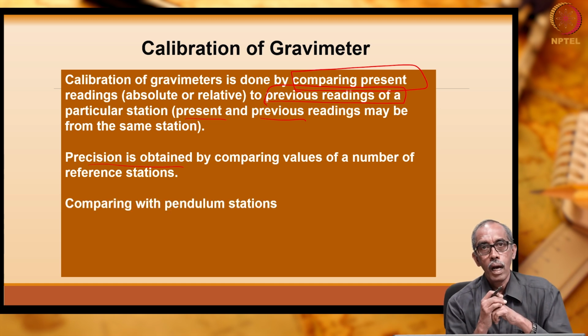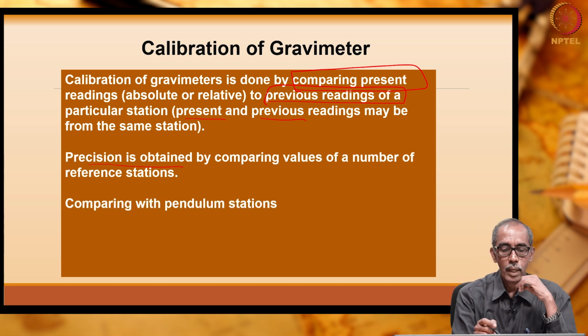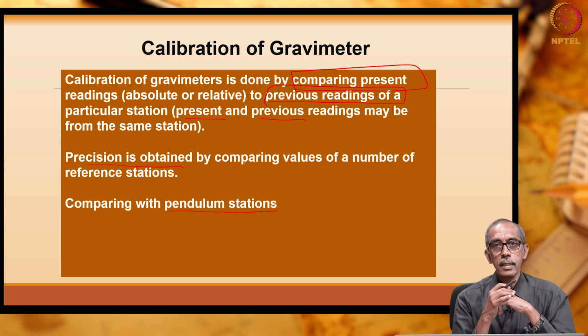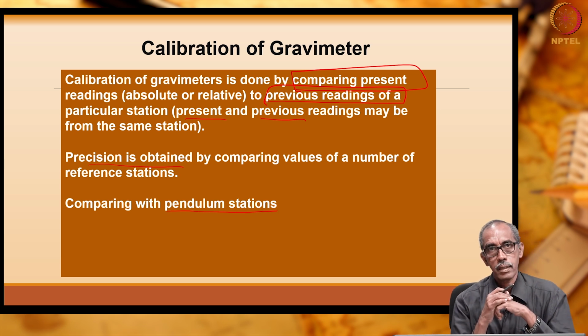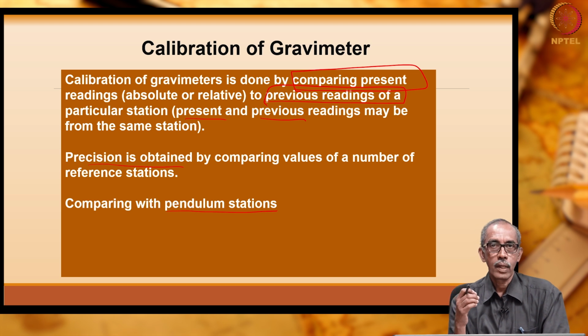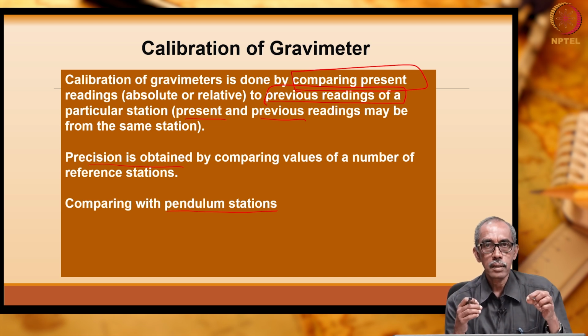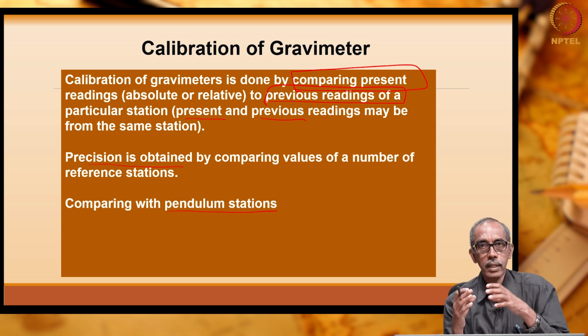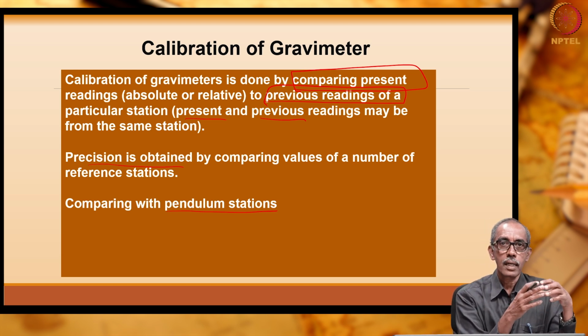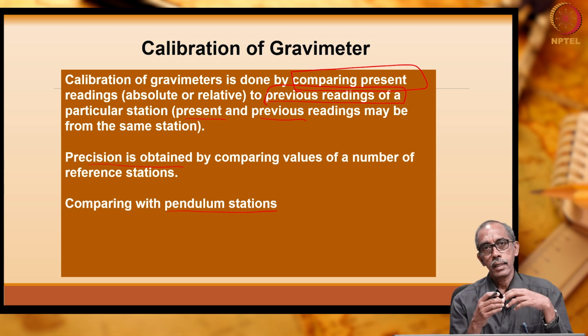Or we can also make use of the values published at the pendulum stations, similar to the international gravity station, so we can compare our value with the pendulum station values. We take our equipment to the international gravity station, deploy it there and measure the gravity value, either relative or absolute.